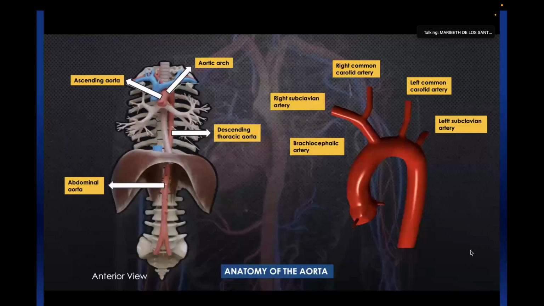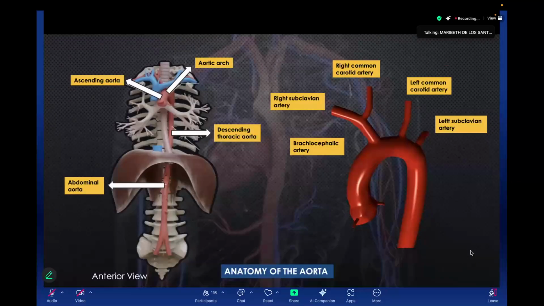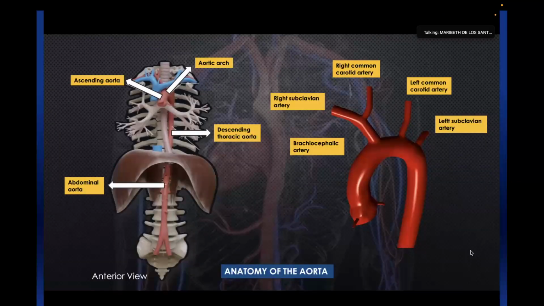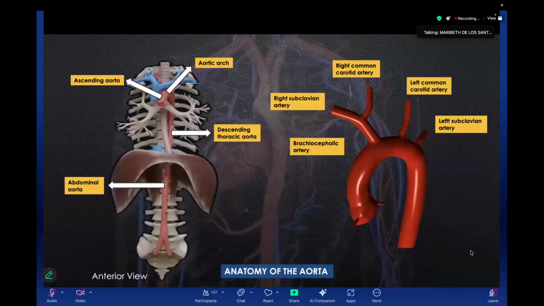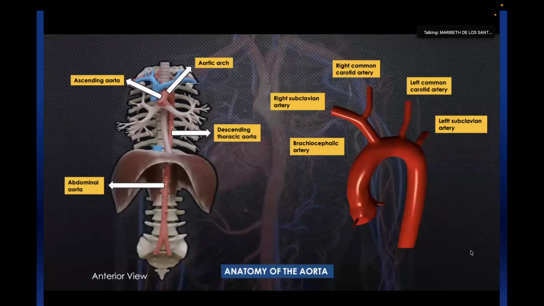For example, if the dissection involves the arch of the aorta, one of the manifestations will be stroke, since it is adjacent to the carotid artery, which supplies the cerebrovascular bed. Or the patient may have hoarseness because of the enlarging arch of the aorta. There may be impingement of the recurrent laryngeal nerve, which will be clinically manifested as hoarseness.